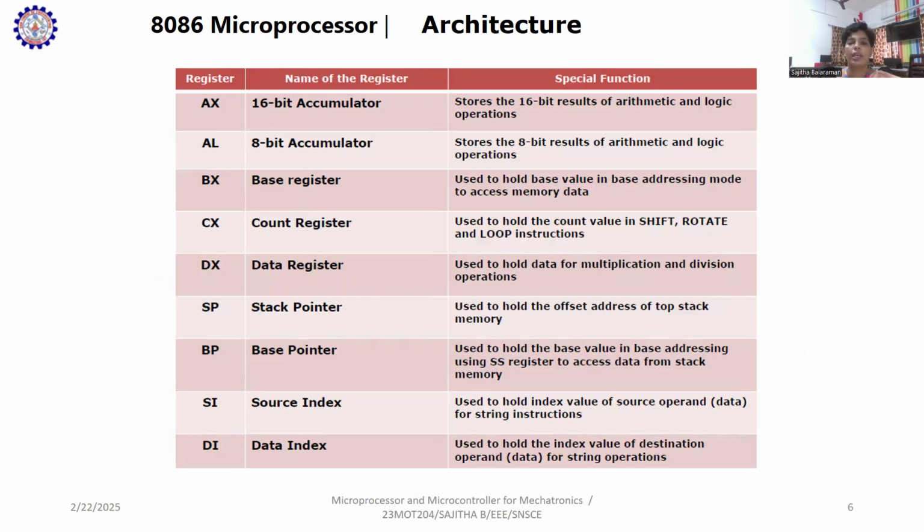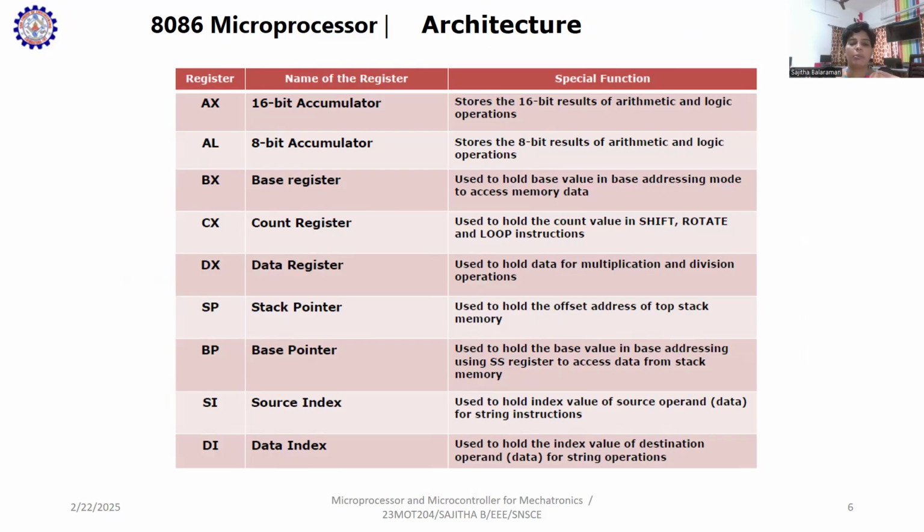BX, the base register, is used to hold base values in the base addressing mode to access memory data. The count register, CX, is used to hold the count value in shift, rotate, and loop instructions. DX, the data register, is used to hold data for multiplication and division operations.